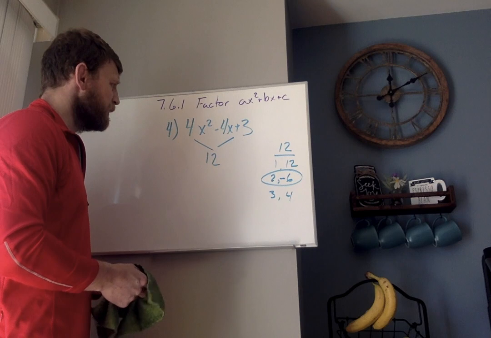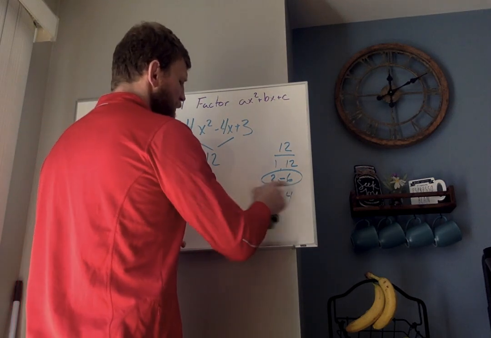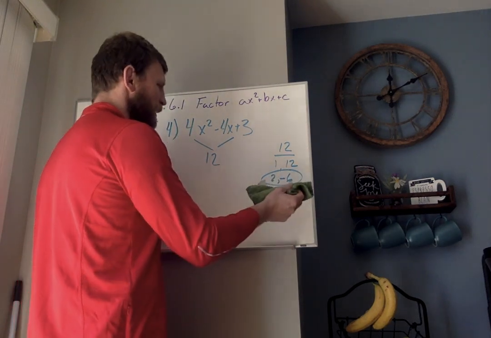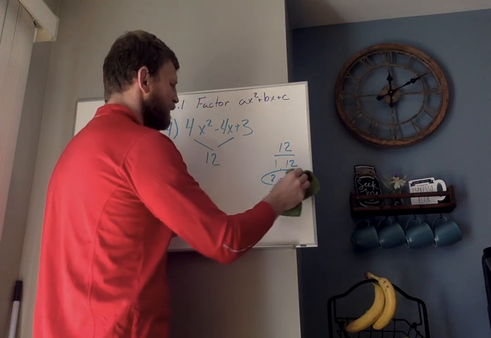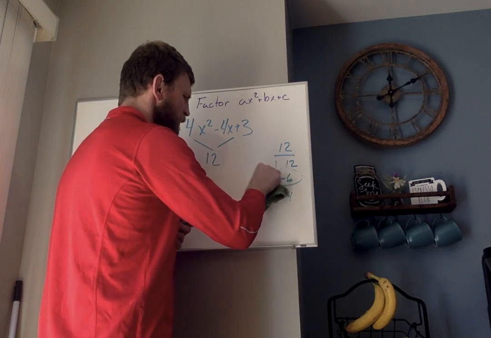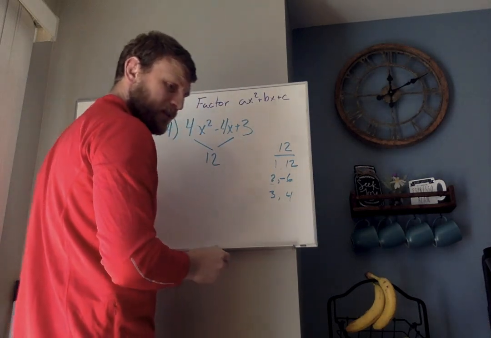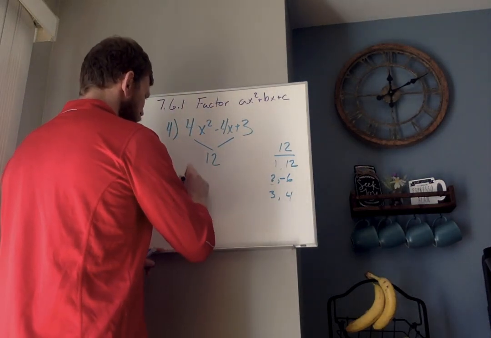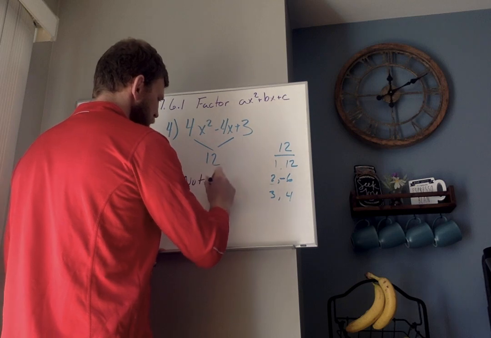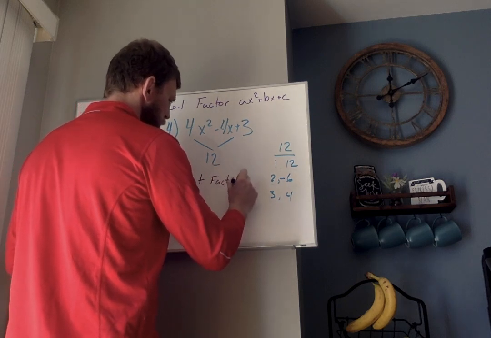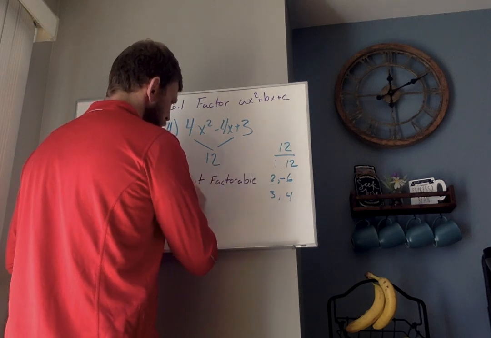Okay, it is a possibility. Notice, all right, 2 and 6 are 4 apart, but they're not going to multiply to give me that positive 12. All right, so I'm leaning towards this is not factorable.